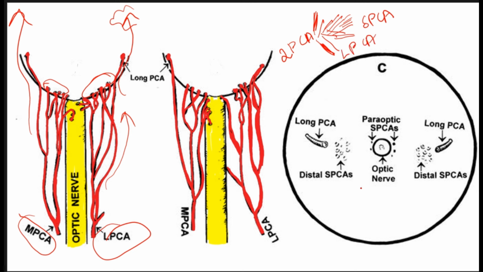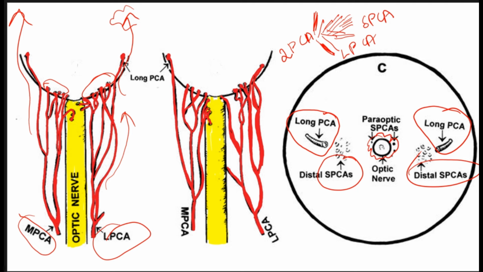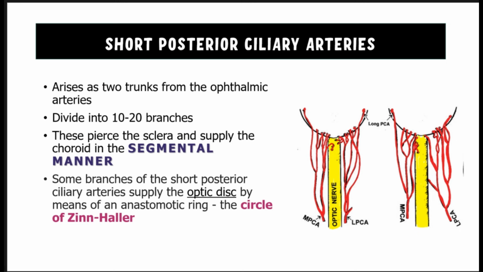So if you can see in this diagram also, we have long posterior ciliary arteries, we have short posterior ciliary arteries, and then we have a few short posterior ciliary arteries which are going to form a plexus around the optic nerve, called the circle of Zinn and Haller. So first, we shall be talking about the short posterior ciliary arteries.